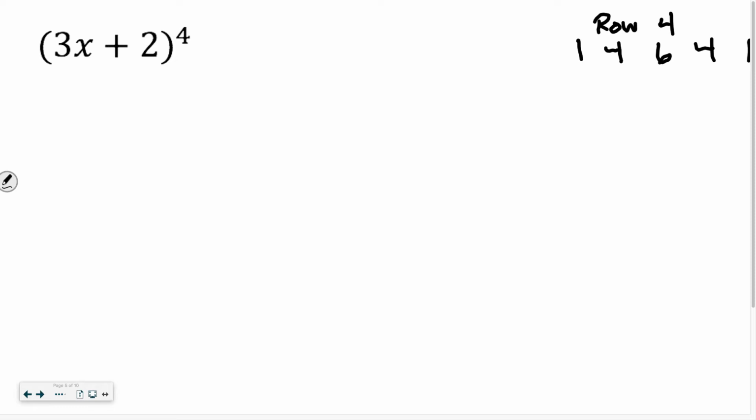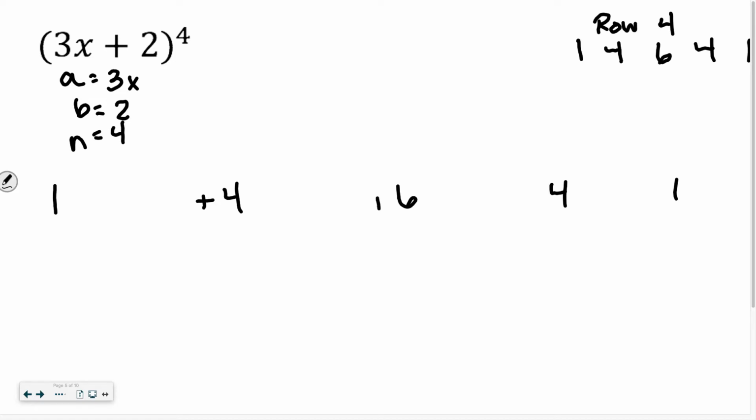I'm gonna start setting this up if you're having some trouble getting started. A is equal to 3x, b is equal to 2, n is equal to 4. I've got my coefficients 1, 4, 6, 4, 1. Okay. I'm going to be adding in front of those. Those are the coefficients. You have to have them from Pascal's.